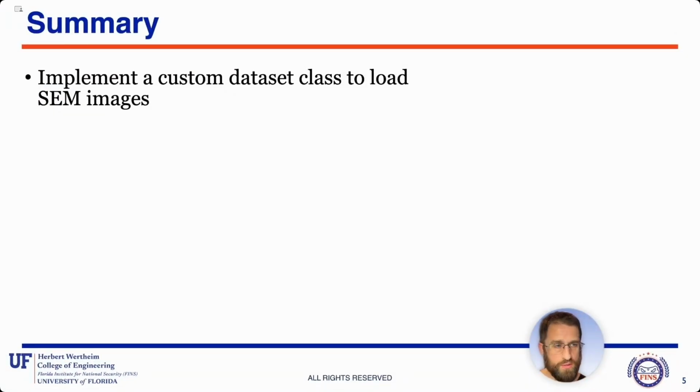In the second part of our deep learning series, we implemented a custom data set to load our SEM images. So we were able to implement that and load them and have more control over how we're loading the images. We refactored our CNN.